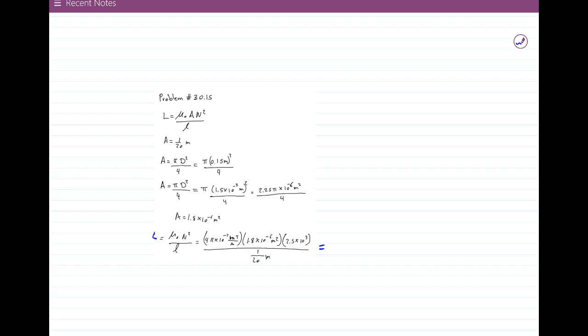What is 360 pi? 1130.9, 1131. So that's going to be 1.13 times 10 to the minus 7 Henry, or 113 nanohenries. So that should be the inductance.